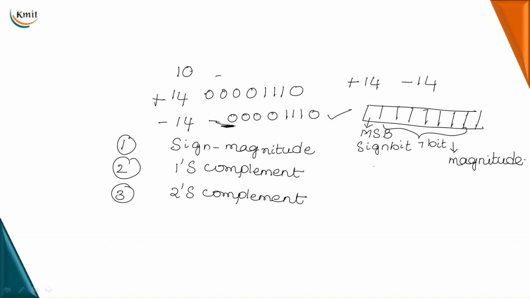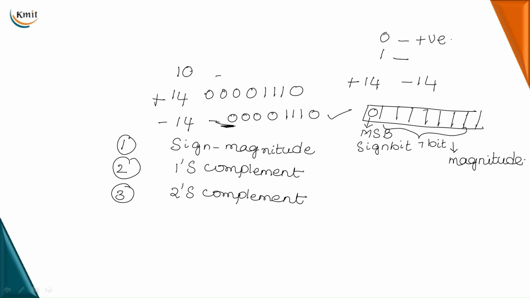So when you have to represent the number plus 14 in a sign magnitude form, the sign bit will be 0. So remember, whenever you are representing a positive number, the sign bit will be 0. If your sign bit is 0, it represents a positive number.